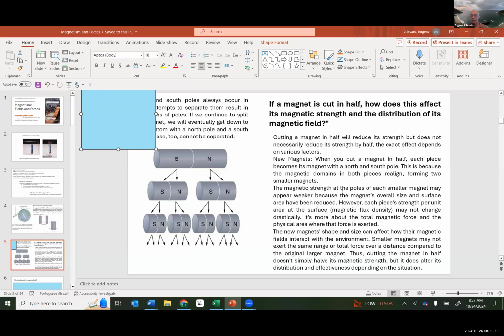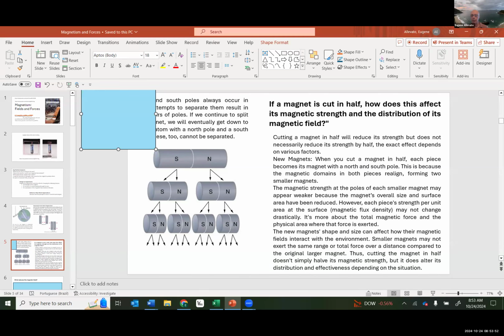The magnet strength at the poles of each smaller magnet may appear weaker because the magnet's overall surface size has been reduced. However, the strength per unit of area of the magnetic field may not change drastically, because that is actually a property of the material itself, the strength per unit of area.